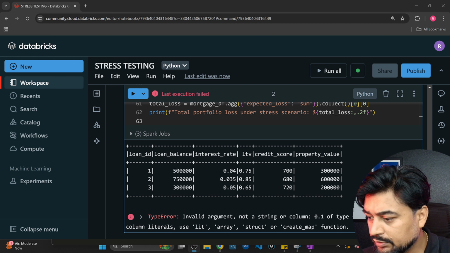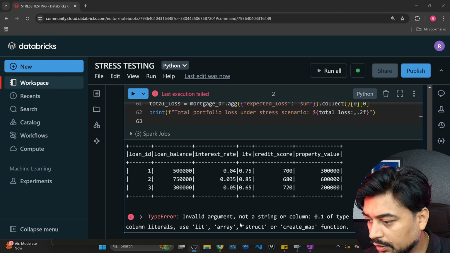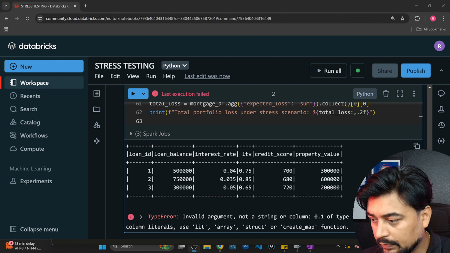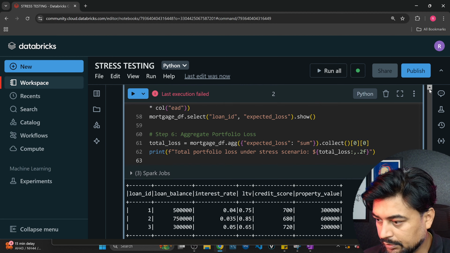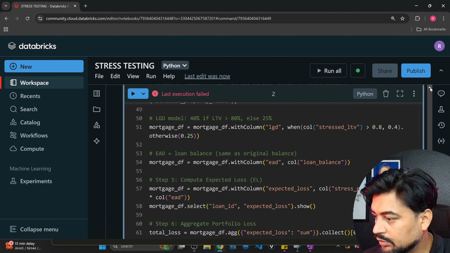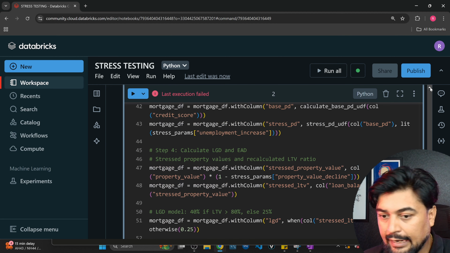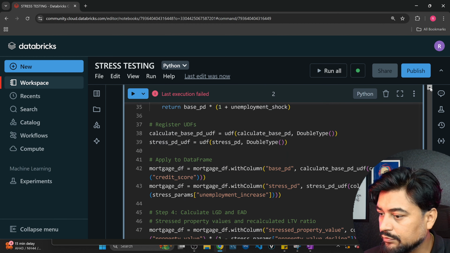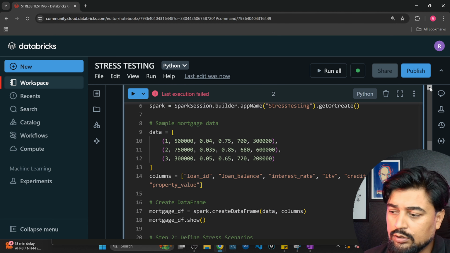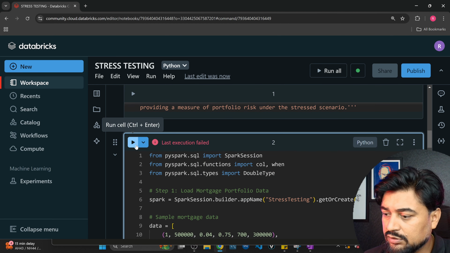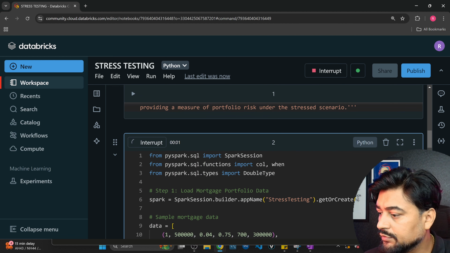Let's see what it says. There's an invalid argument, not a string value on the class float. It doesn't seem like it, because this is a code which I prepared and ran on my own as well. Let's try to run this code one more time because this session was open for very long.